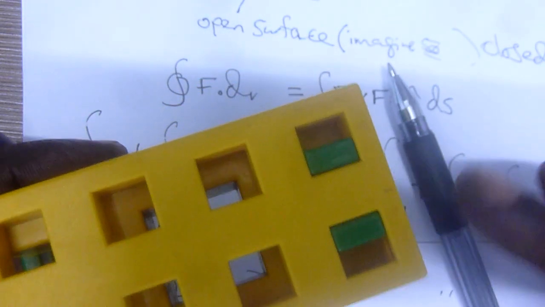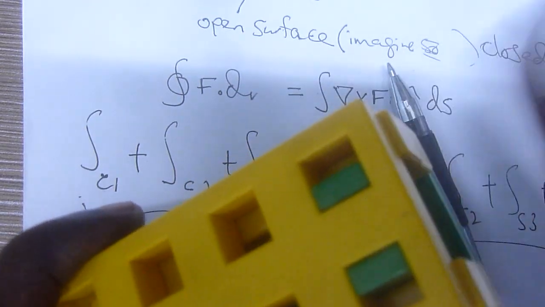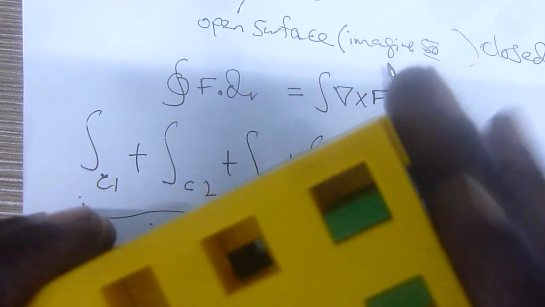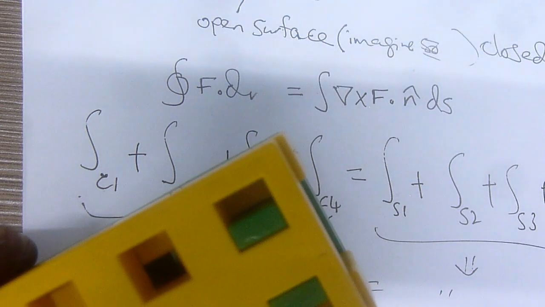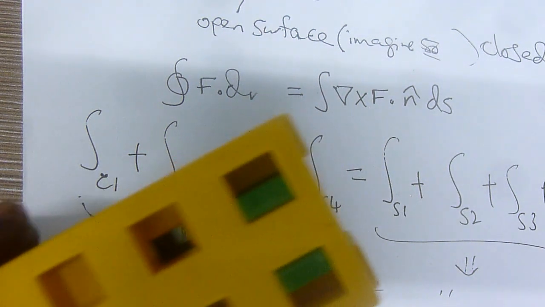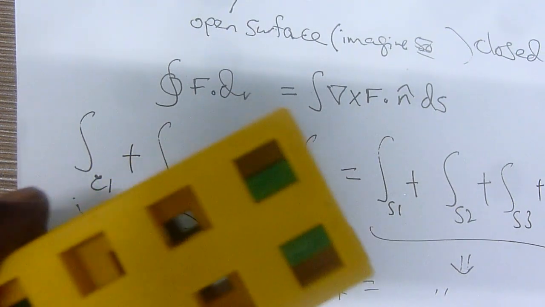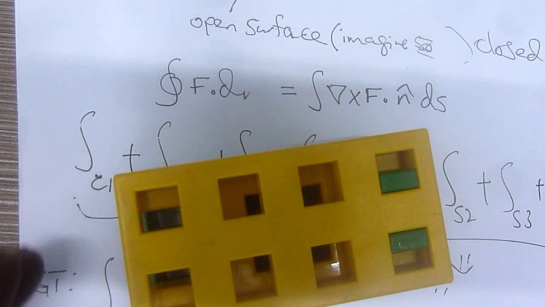That means the ghost is sitting on this surface. This is the benefit of Stokes' theorem. Stokes' theorem will help you identify on which surface the charge is actually sitting.